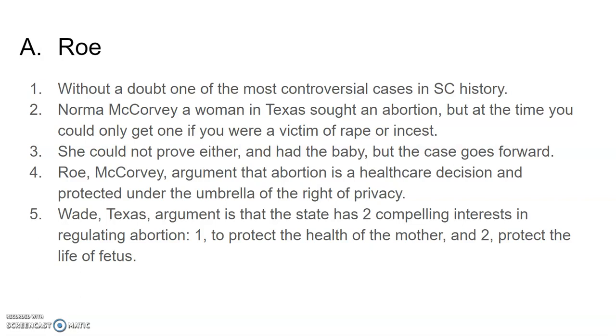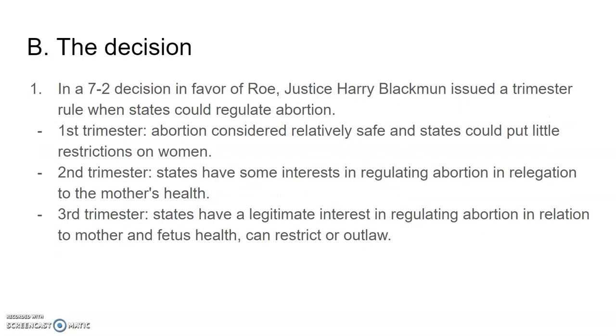Wade, which was Texas, argued that the state had two compelling interests to prohibit abortions. The first was to protect the health of the mother, and the second was to protect the life of the fetus. It was a 7-2 decision. It's a very strange decision because it was not a Republican versus Democrat decision.